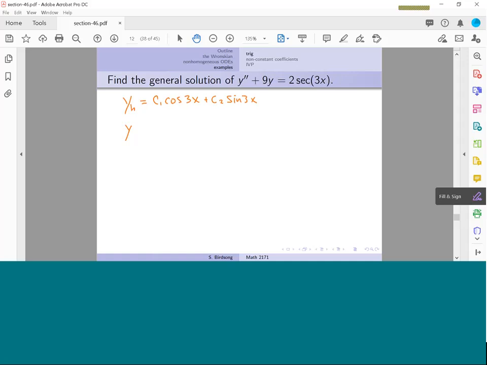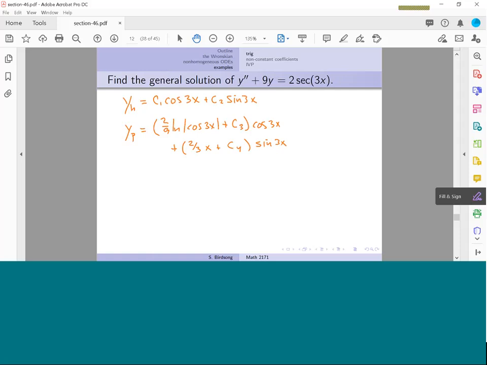Our particular solution that we just found was 2/9 natural log of cosine 3x plus a C3, times cosine of 3x, plus 2/3 x plus C4, times sine of 3x.